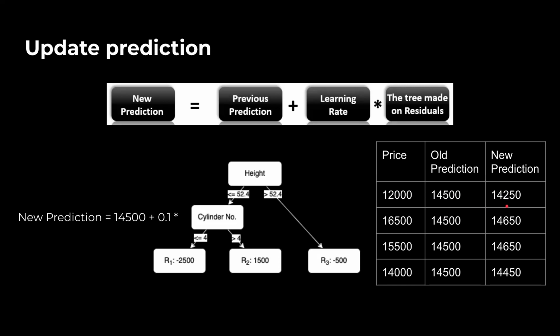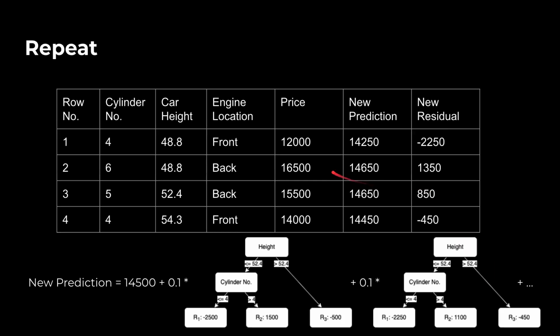But notice this is just a small step. And so that's why we need to repeat. So yeah, we take the price, we take the new prediction, we find a new residual, right? It's different. And then we create a new decision tree. We repeat the whole process. And so now our new prediction has 3 steps: initial plus the first tree plus the second tree, right?